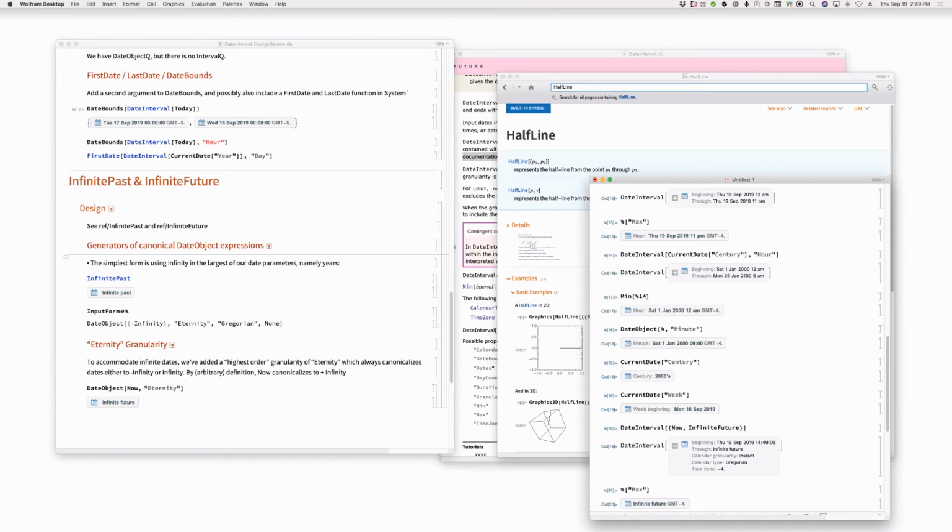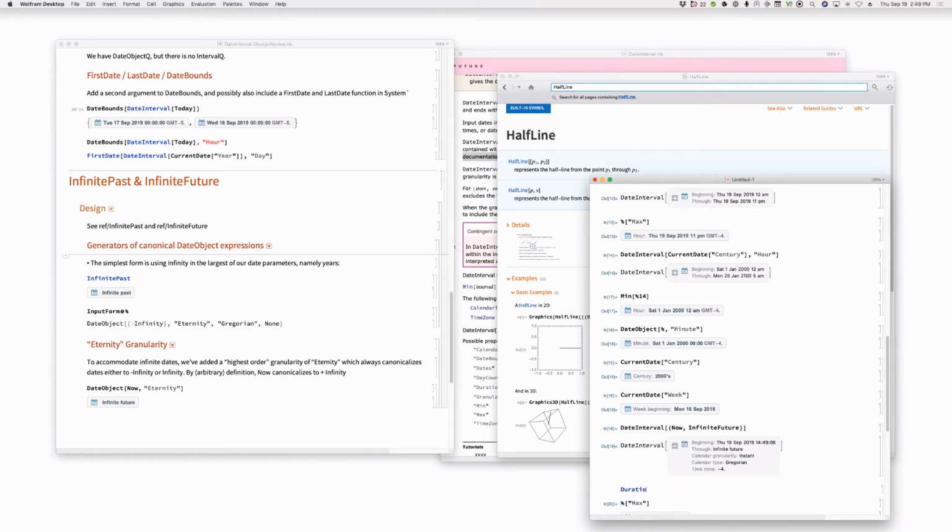I'm not sure why it's appearing there in what Nick has on the left. It shouldn't appear, obviously. Yeah, I think it's important to distinguish the actual data object of infinite future from intervals that go from somewhere to infinite future, potentially even from minus infinity.